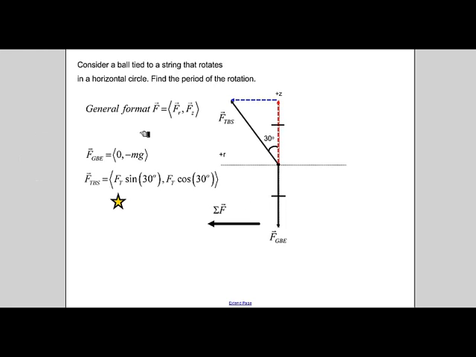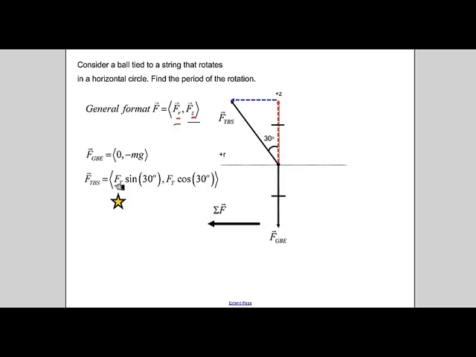The next thing we do is write out the vectors in component form. So it's a little bit different. Instead of having the x component and then the y component, here you'll notice we have the r component and then the z component.